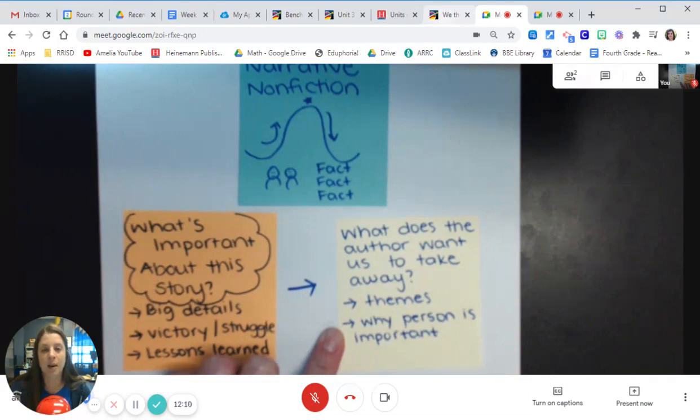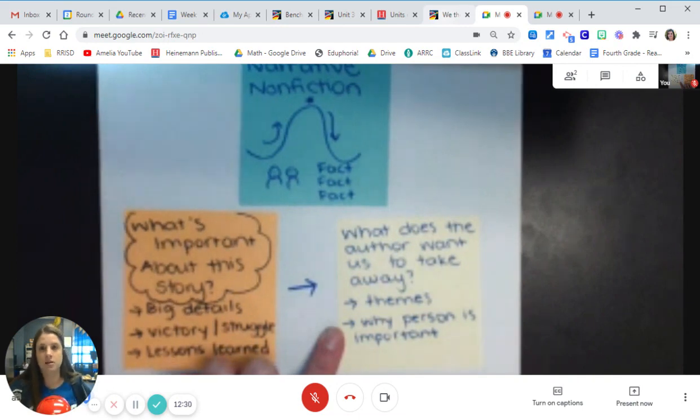So you might be thinking about not giving up. You might be thinking about how there were important people in our past that fought for our rights today. You might be thinking that Alice might be an important person because she led the way for white women to be able to vote. So yeah, lots of great takeaways.